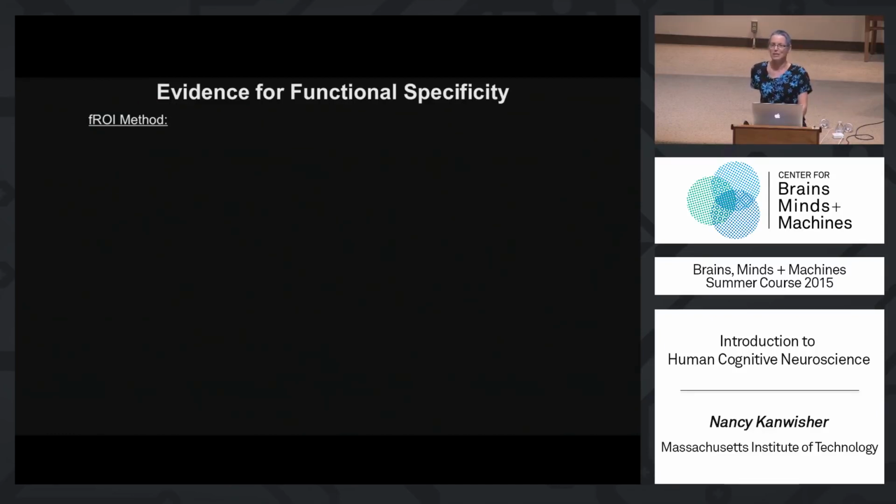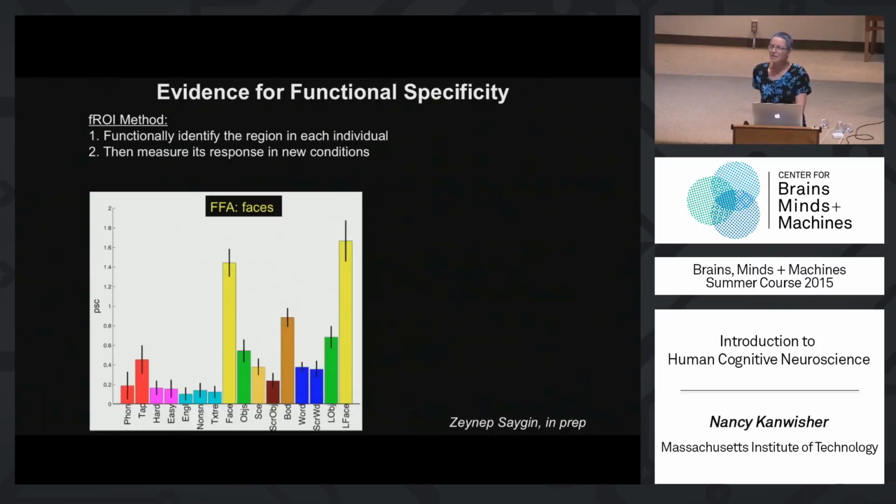One of the things I love dearly about the functional region of interest method is that you tie your hands in a really good way, right? You're specifying in advance exactly where you're going to look, and exactly how you're going to quantify the response, so you have no degrees of freedom. That gives you a huge statistical advantage, and it means you're less likely to be inadvertently publishing papers on noise. Okay, so that's the functional region of interest method.